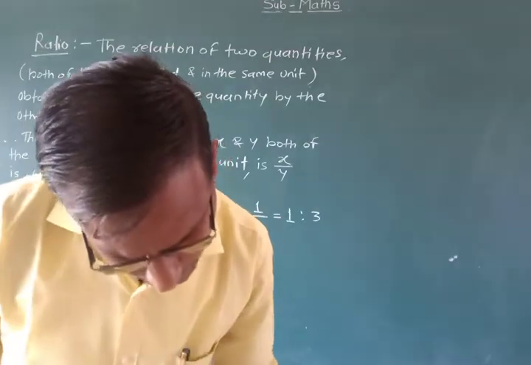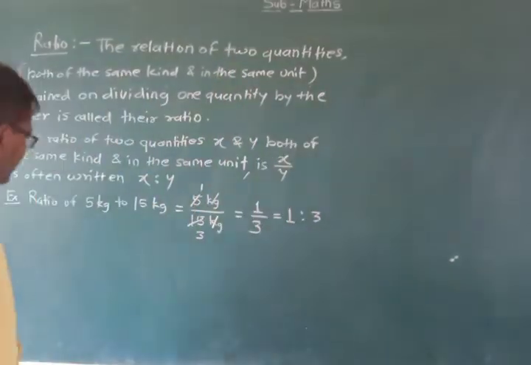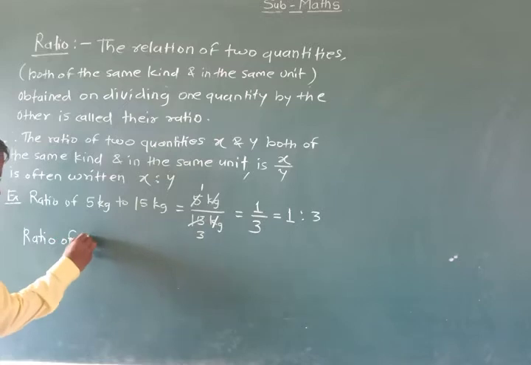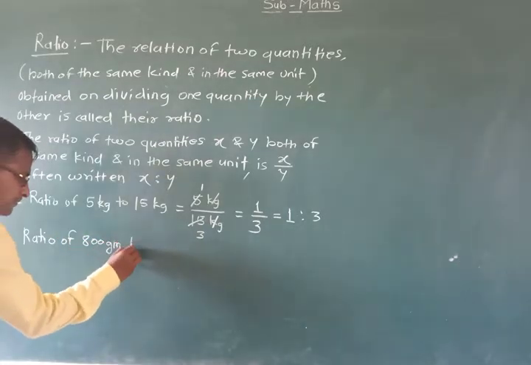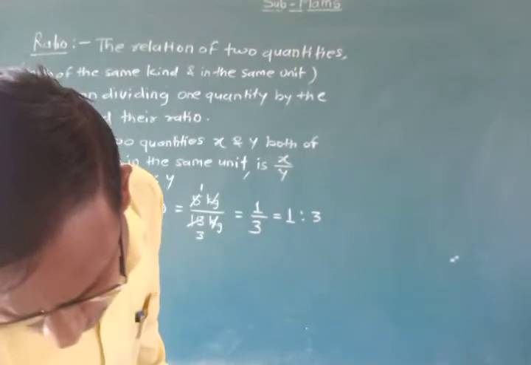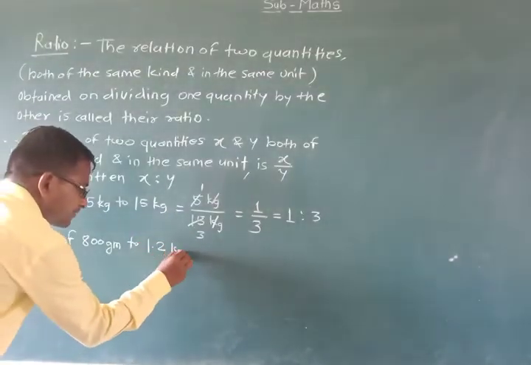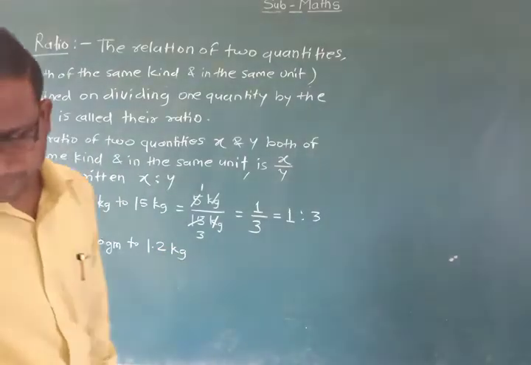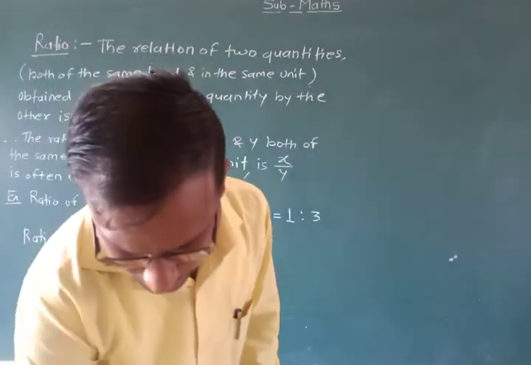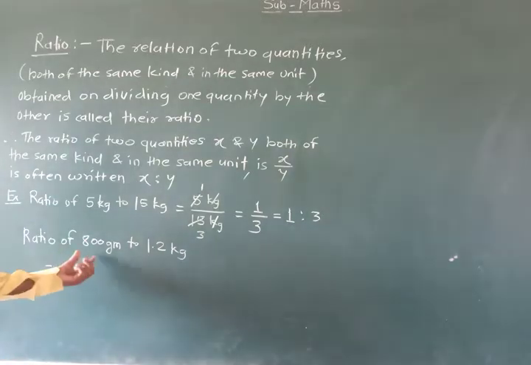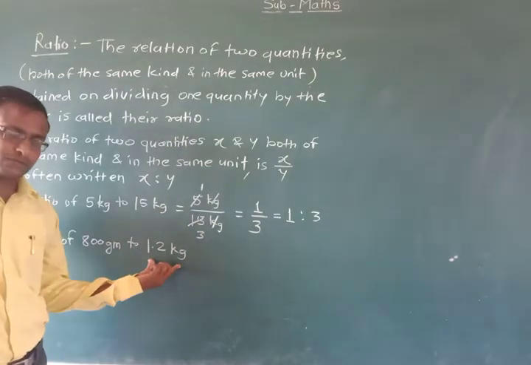Next example, ratio of 800 grams to 1.2 kg is equal to 800 gram upon 1.2 kg.